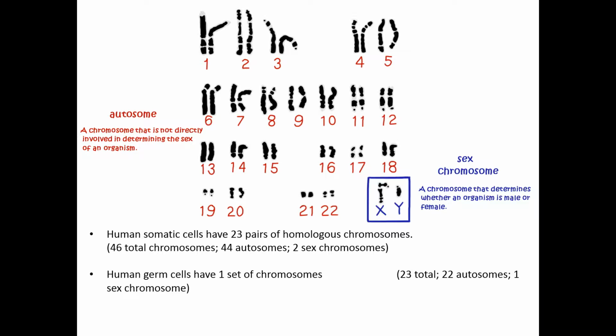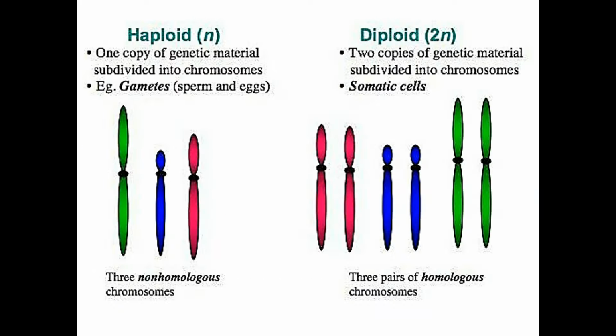You'll want to refamiliarize yourself with the complement of sex chromosomes and whether or not an individual is male or female. You'll also want to review the terms haploid and diploid, and what those terms actually mean.